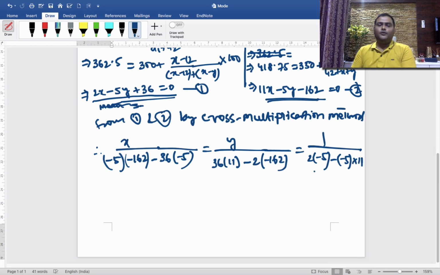Now I have used the cross multiplication method to solve this problem. You can use any method. You can substitute x from equation one into the second equation and find out y, and then again put the value of y in the first equation and get the x value, and so on. There are so many ways.